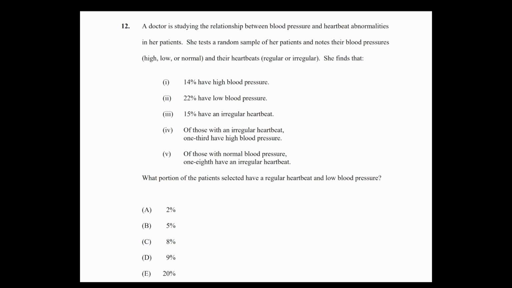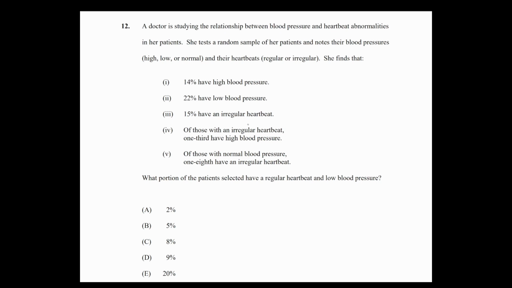A doctor is studying the relationship between blood pressure and heartbeat abnormalities in her patients. She tests a random sample of her patients and notes their blood pressures, high, low, or normal, and their heartbeats, regular or irregular. She finds that 14% have high blood pressure, 22% have low blood pressure, 15% have an irregular heartbeat.